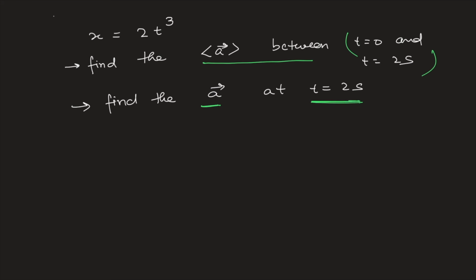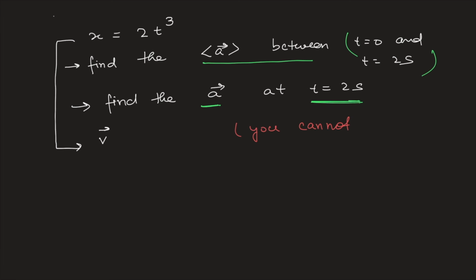So how do we find these two things? The job of finding these two things starts with finding instantaneous velocity. It does not matter whether you want to find average acceleration or instantaneous acceleration, you will always need instantaneous velocity. So this is the resolution I'm giving.